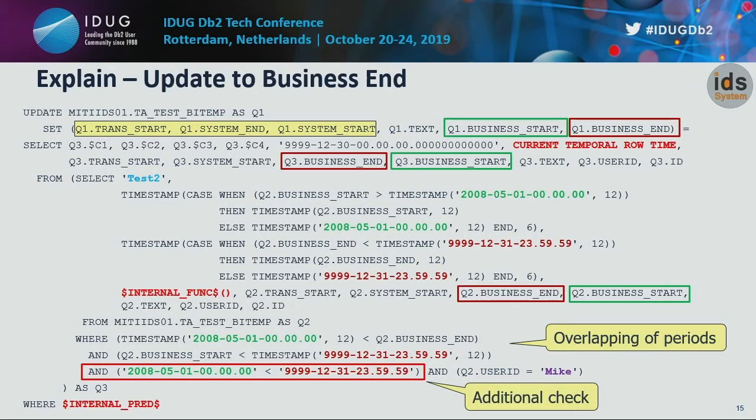This is all the complexity IBM does for you, and you do not have to think about that. It does some internal checks. There's even a current temporal row time. I have no idea what it is. It is just to tell you there's a lot of complexity going on under the covers. It is not disclosed anywhere.